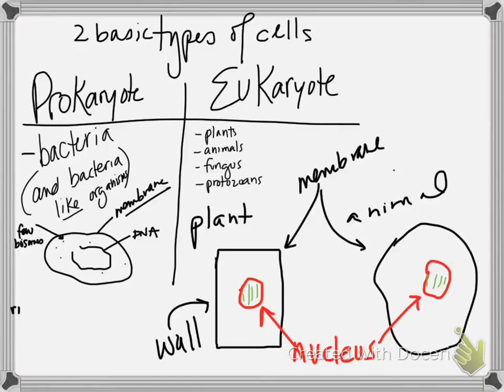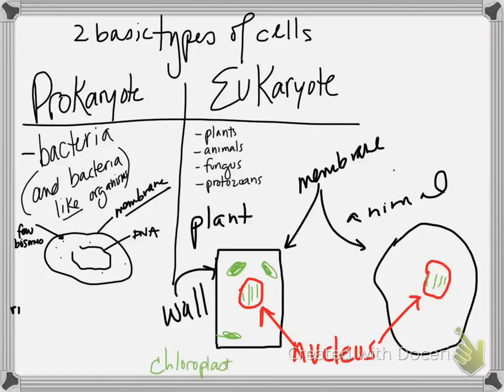And they've got a whole bunch of other organs. So plants, for instance, have chloroplasts, where they photosynthesize. Some protozoa have chloroplasts too. Anything that performs photosynthesis has a chloroplast.